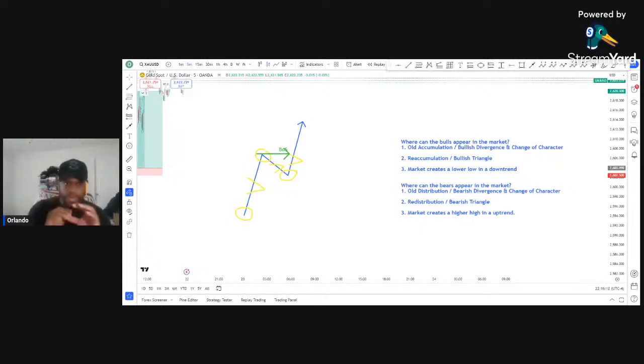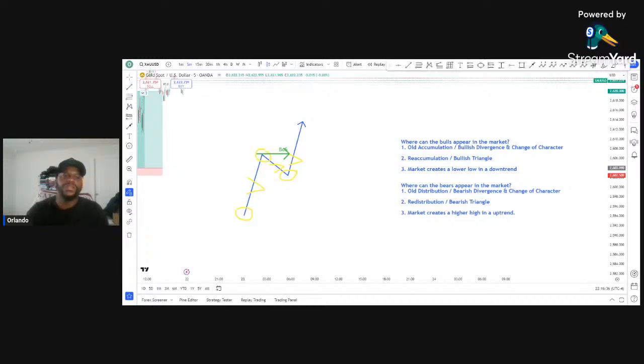internally, what causes the market to create a bullish break of structure? Internally, something had to happen. There was a cause.